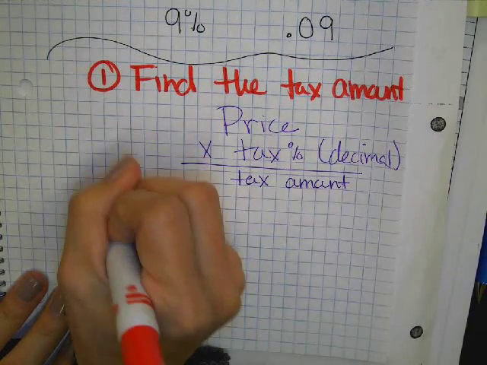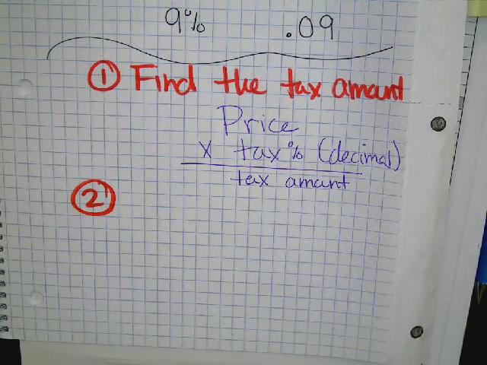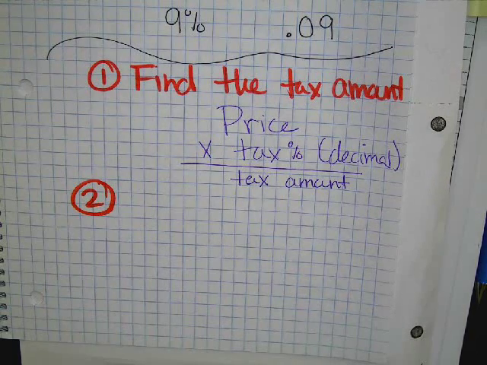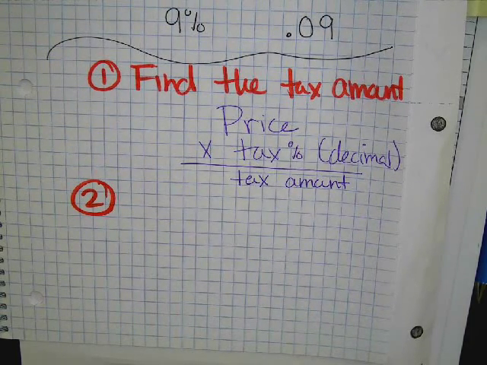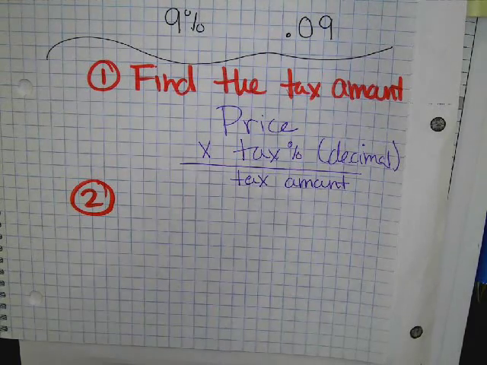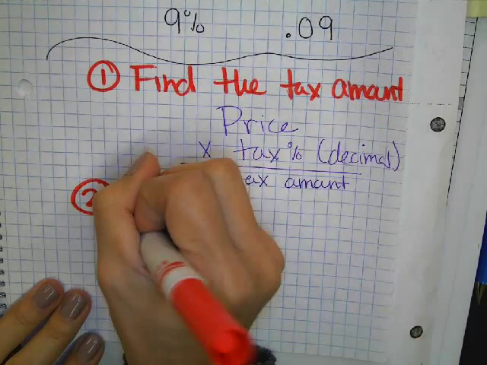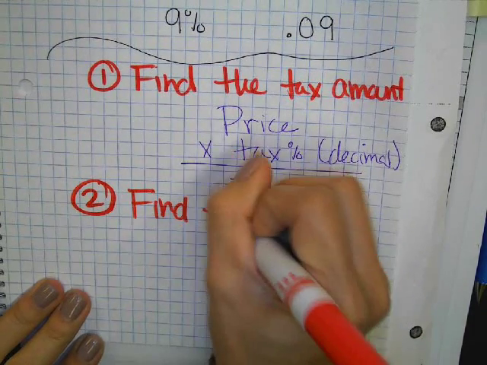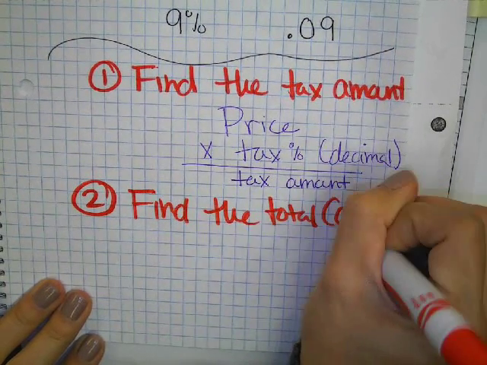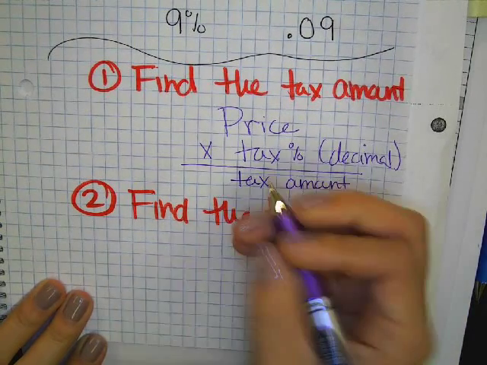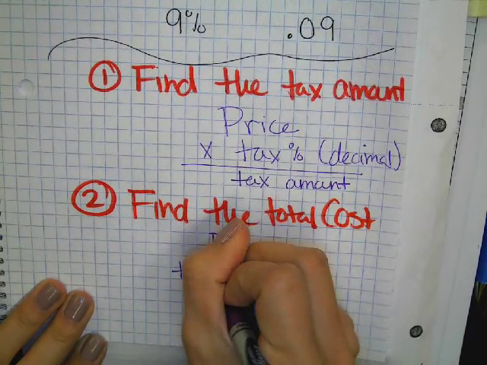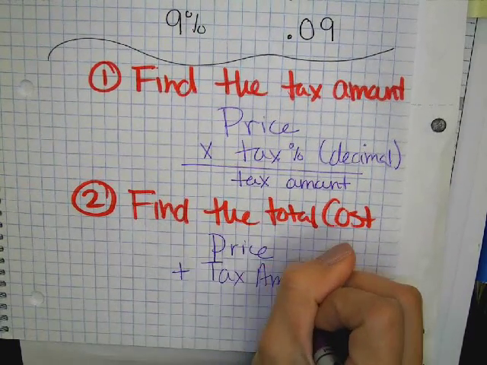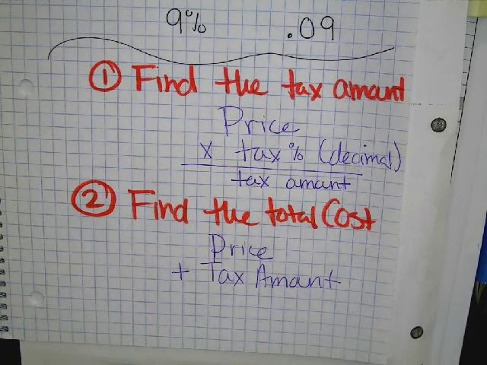Now your second step. Yeah, discount we subtracted, right? We made the price go smaller, lowered the price. Now for tax, remember the pants that cost $19.99, do they charge us more or less? More, so that means our second step we're going to add. Find the total cost. You take your price and you're going to add the tax amount.